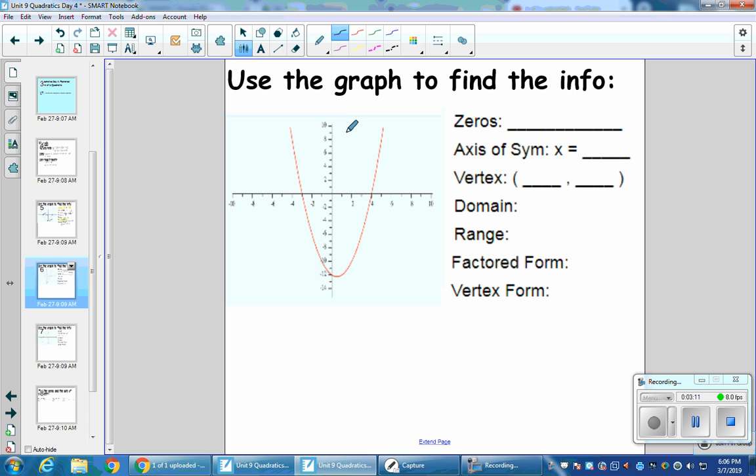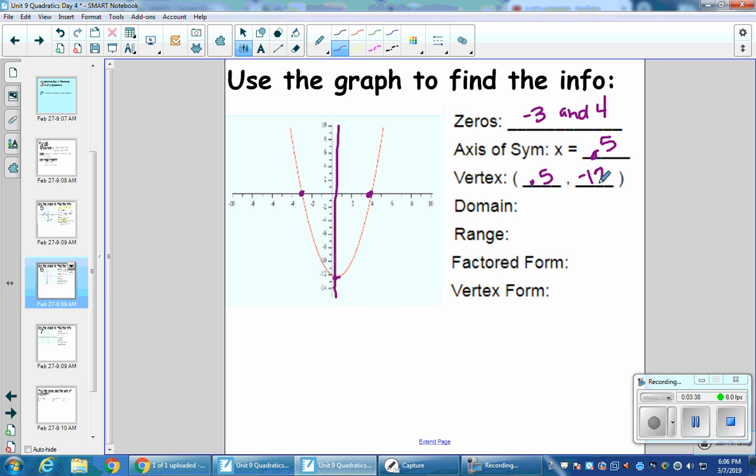Right? So let's try this one now. All right, our zeros are, remember, where it crosses the x-axis, so that's -3 and 4. Our axis of symmetry is right in the middle here. Right, and this one's a little tricky. The axis of symmetry is actually 0.5 or 1/2, and our vertex then is 0.5 comma -12.